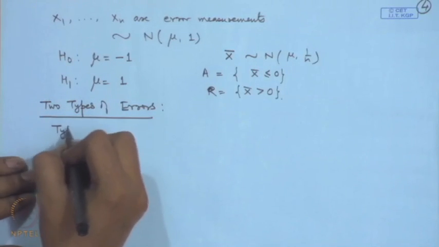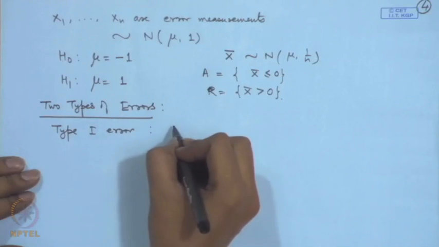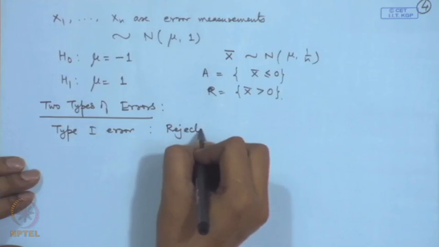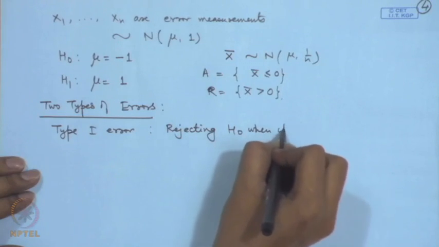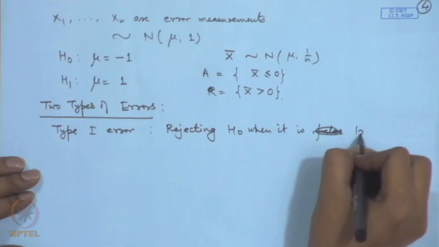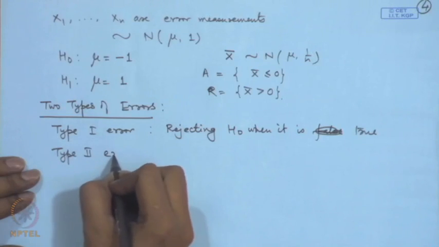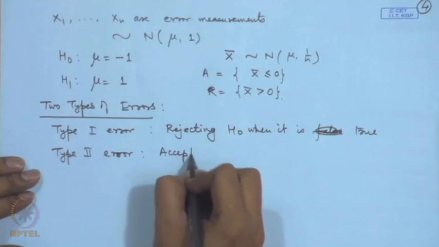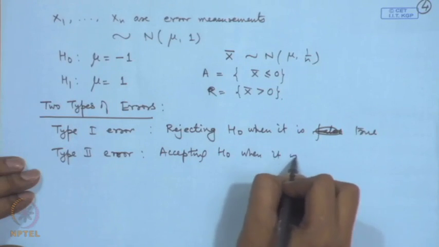One is called type 1 error, that is rejecting H naught when it is true, and type 2 error, accepting H naught when it is false.